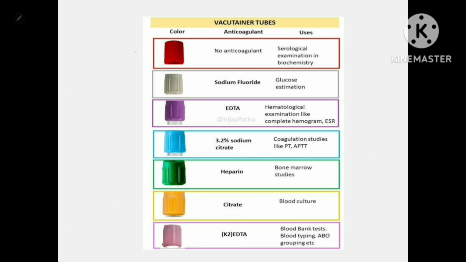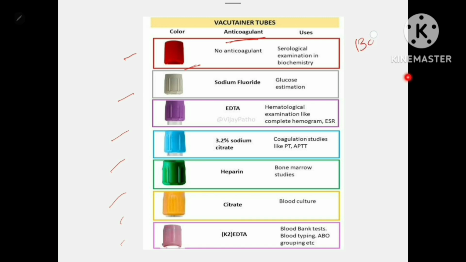So next, these are usually the vacutainer tubes. So these color codes, whatever we are seeing, the plastic tube with rubber stopper is basically used to collect blood for various investigations. So first, the most common type which we use is the red color. So usually these tubes will have anticoagulants in them. So depending upon that, different tests are conducted.